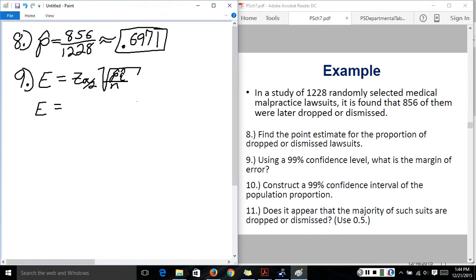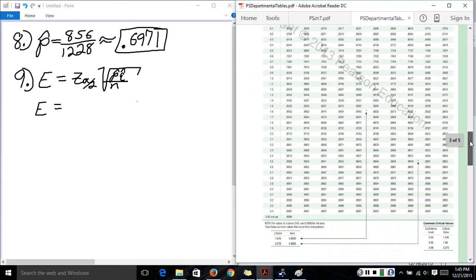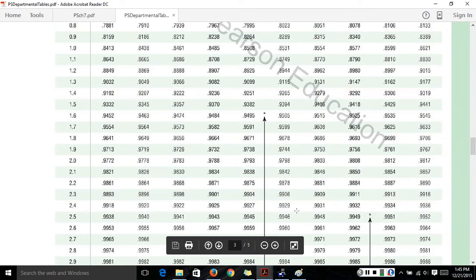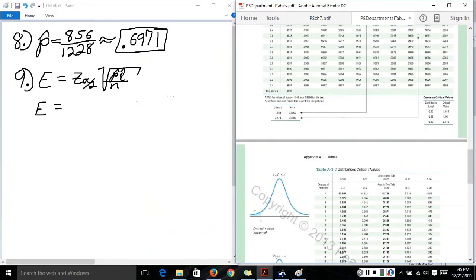Z sub alpha over 2 is the critical value associated with a 99% confidence level. If I take a look on my positive z-score page down at the very bottom, common critical values, I find that a 99% confidence level is associated with the critical value 2.575. So z sub alpha over 2 is 2.575.